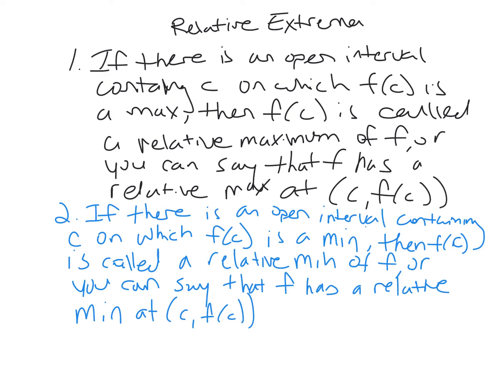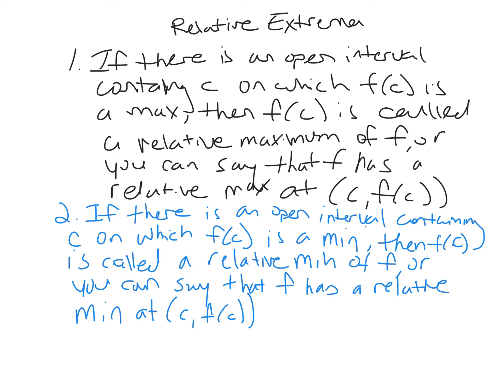All right, relative extrema. Sometimes our mins and maxes are not absolute, the biggest point in a given interval. But extrema, whether relative or absolute, can all fall into the relative category, meaning that as this definition states, if there is an open interval containing c on which f of c is the max, then f of c is called a relative max of f.